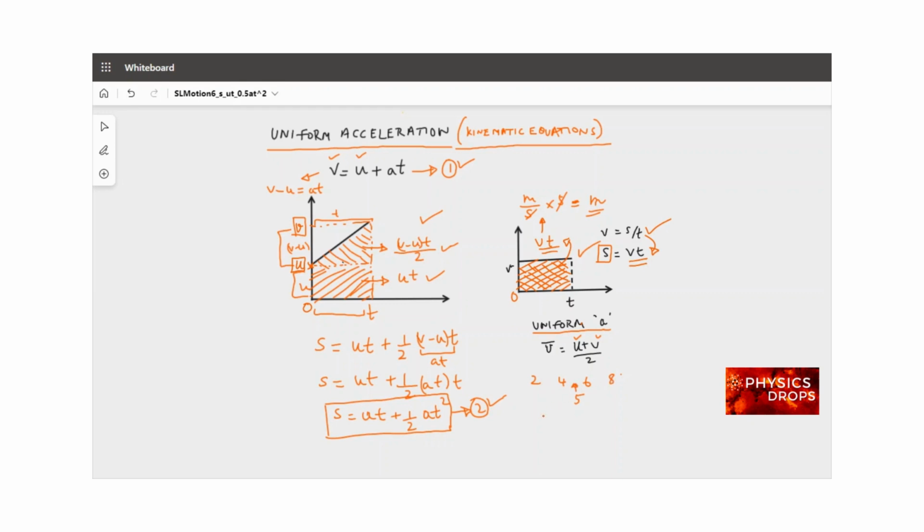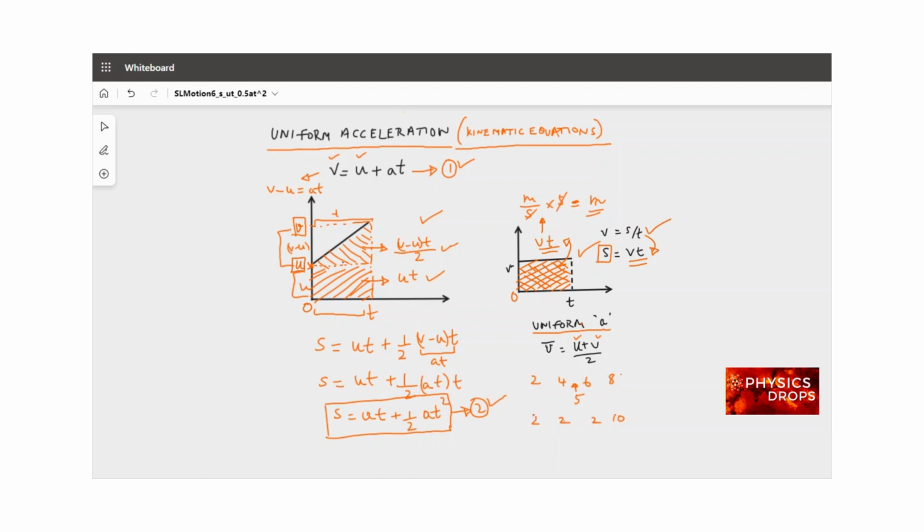But let's say an object has always been traveling at 2 meter per second, and in the last instant, it suddenly accelerates to 10 meter per second. It's always having a constant velocity, zero acceleration. In the last second, it just accelerates away rapidly from 2 to 10 meter per second, a huge acceleration.